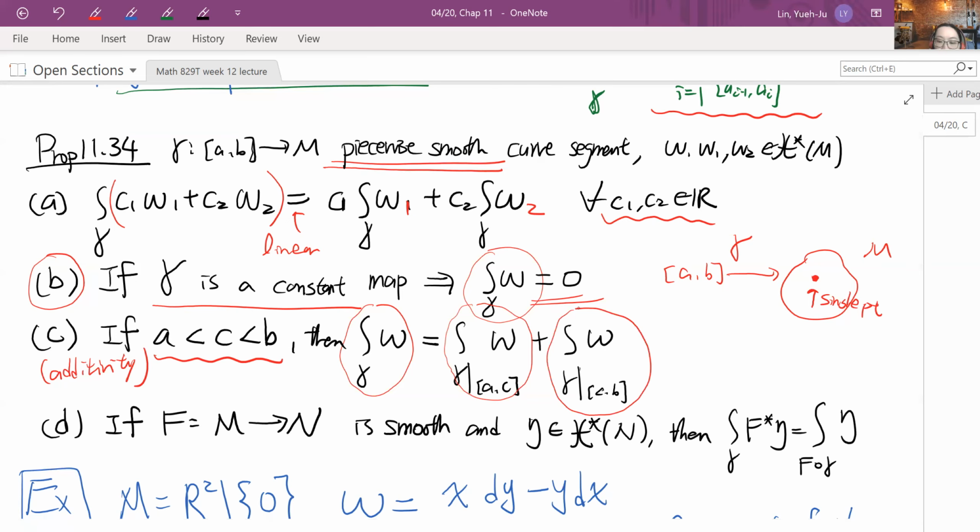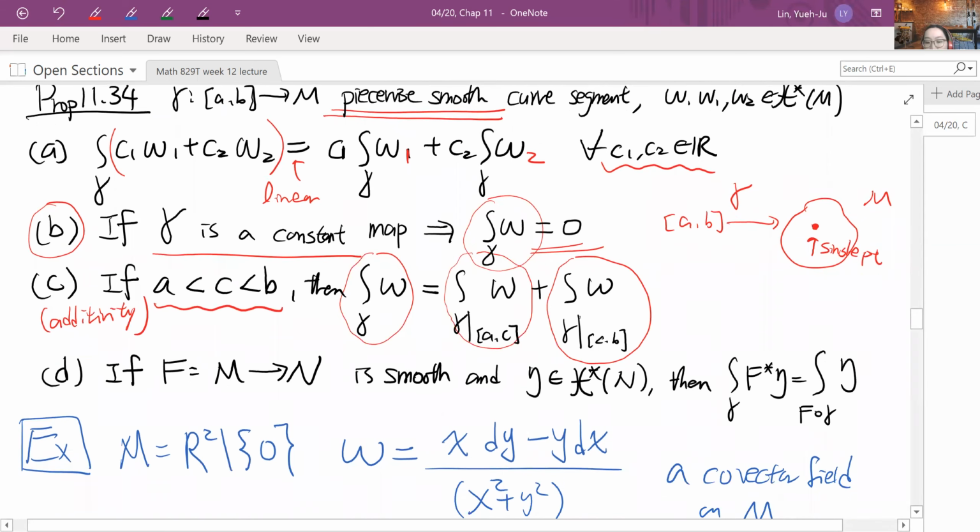Then the last one is the really nice part: this is, in some sense, the change of variable, or essentially a nice reparametrization. So if you have a smooth map F and you have a covector field eta from N, when you pull back the covector field eta by F, this will be an integral on M, because gamma is a curve on M. Then this integral should be the same as the integral of eta over the curve F composed with gamma.